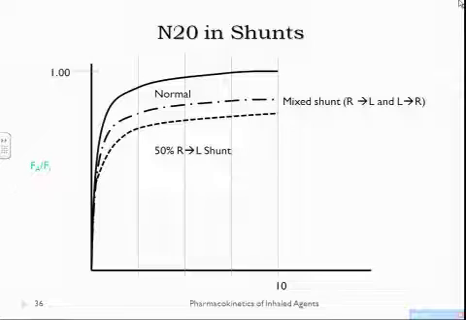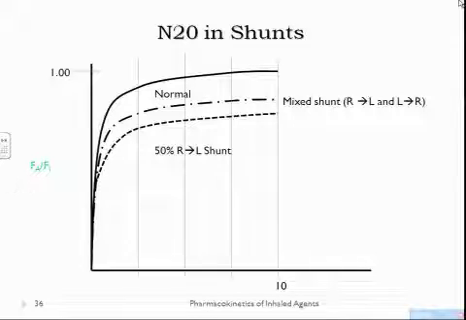Now, if you look at nitrous oxide and shunts, nitrous oxide is a very insoluble agent. You can see in this situation that under normal circumstances, the FA/FI curve for nitrous oxide equilibrates very rapidly, under 10 minutes. But if somebody has a right to left shunt, you get a significant dilutional effect, and you can see a significant decrease in the concentration that's able to be achieved.